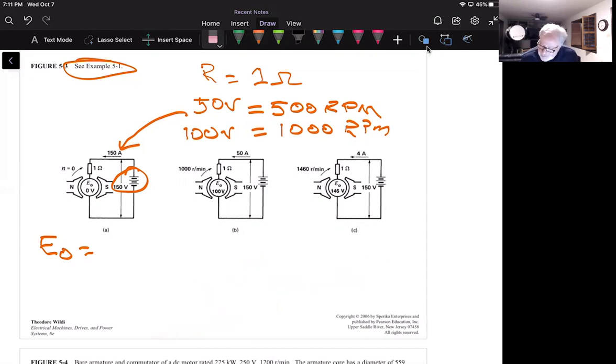Simple relationship. And then the other one, we can't quite do in our head.